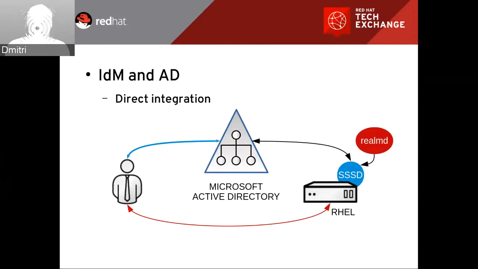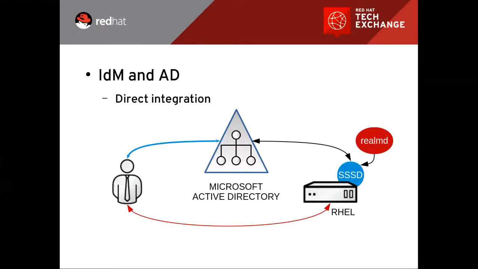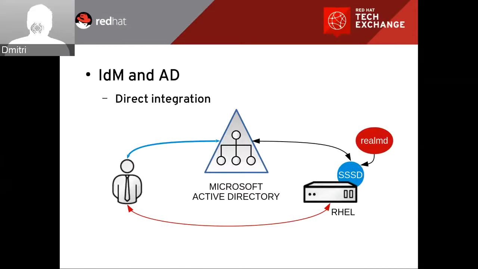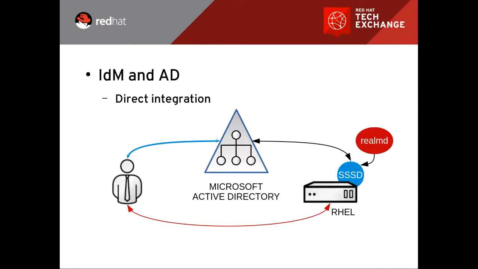It's a pretty cool, very simple to use tool. It's integrated with Anaconda. It has a command line. I think it's also available through the web UI in the desktop. So you can click a button, Enterprise Login, and it will configure your SSSD to work with either identity management or Active Directory.